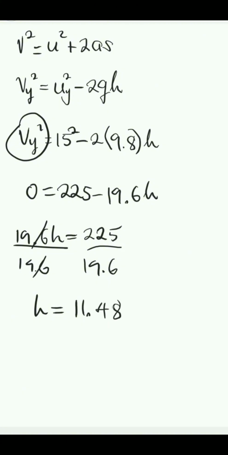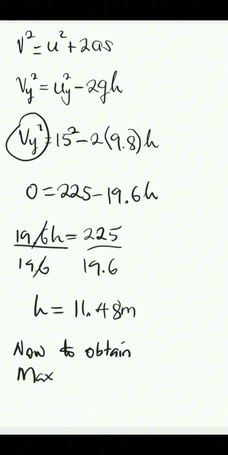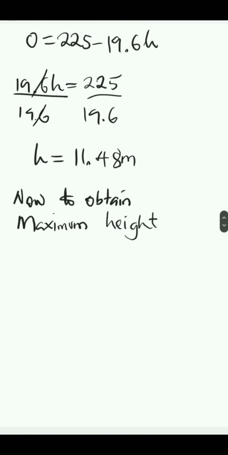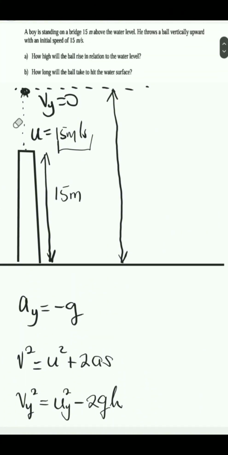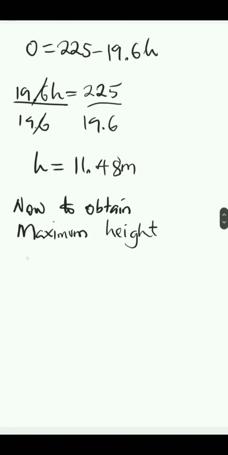Now remember that this h we are finding is the height from the top of the bridge to the furthest point reached. Now to find the maximum height, which is from the water level to the highest point reached, we need to add this value that we've just obtained plus the height of the bridge. So it will be 11.48 added together with 15.